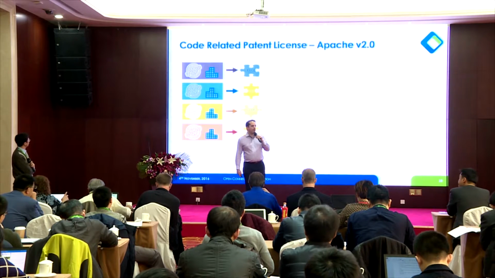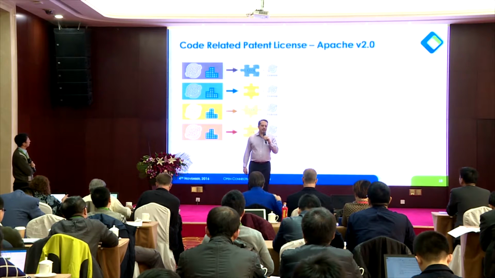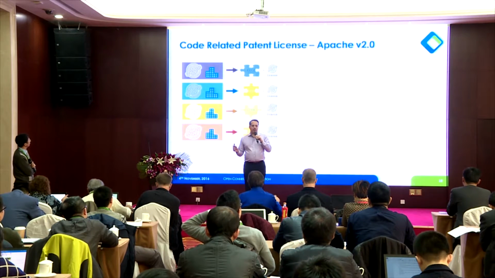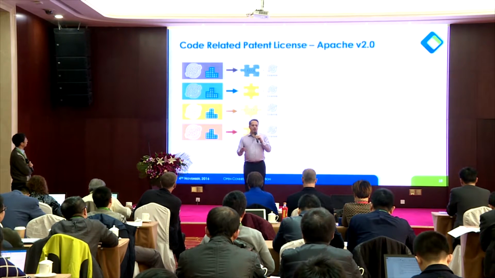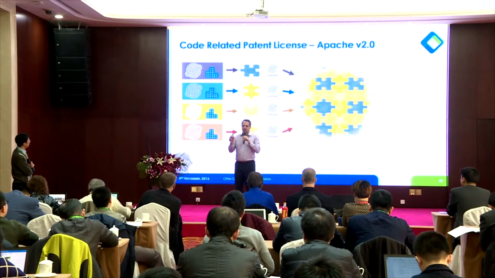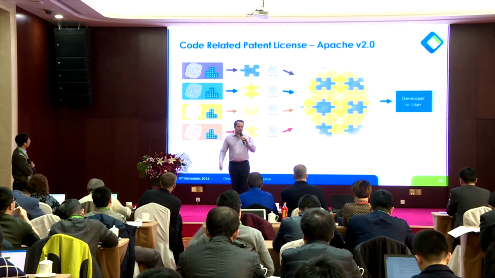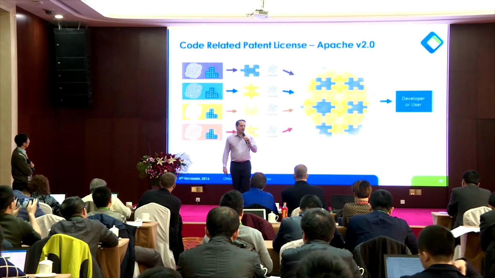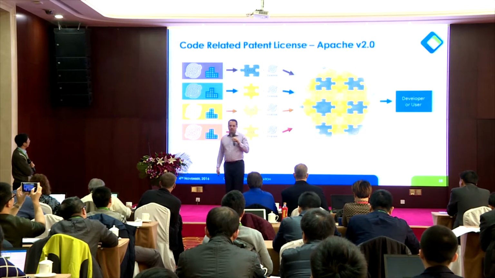And whenever any corporation contributes code, they are also contributing a patent license to any relevant patents they have on their piece of code, and only their piece of code. So whenever all of these bits of code get assembled into the overall project, each piece of code has its own patent license. And then the developer or the user gets all of those patent licenses whenever they actually use that code.